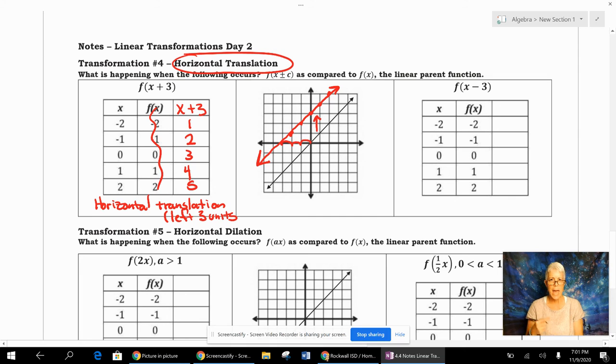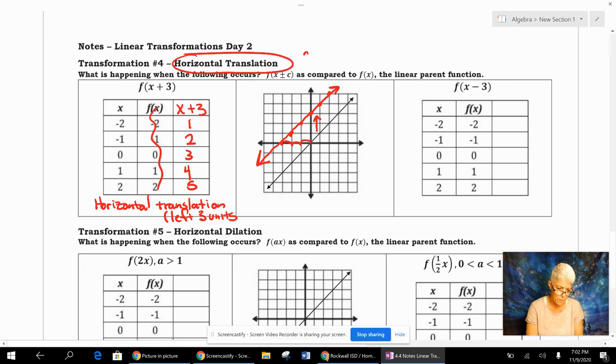In fact, you can see it right here also, 1, 2, 3, that's going to the left 3 units. Now, when I add 3 to the horizontal axis, I would think that it's going to go to the right, but everything that we do when it involves the x is always the opposite, or it will appear as the opposite.